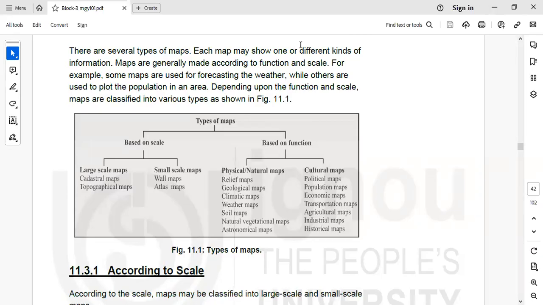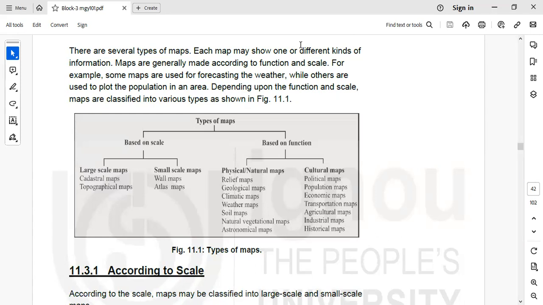So based on the scale, we can divide maps as large scale maps and small scale maps. So large scale maps are like cadastral maps, topographical maps. The important aspect of these maps is that they cover less area, but the amount of information we get from these maps is huge.